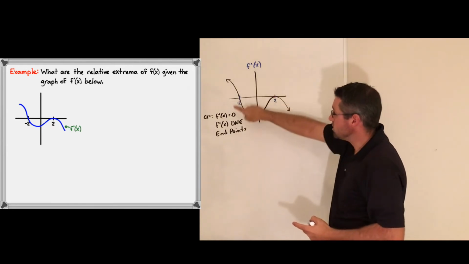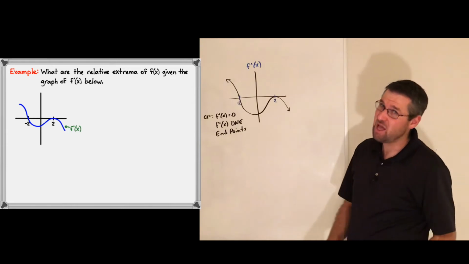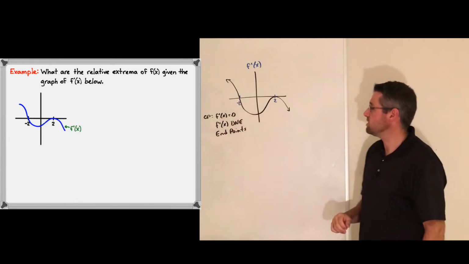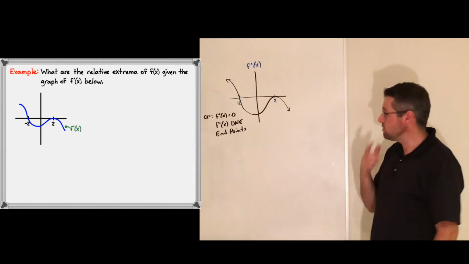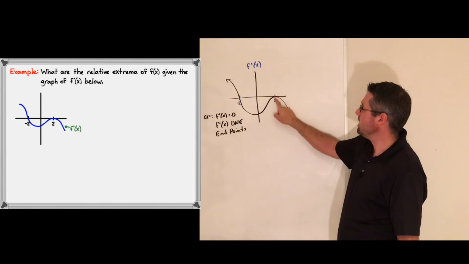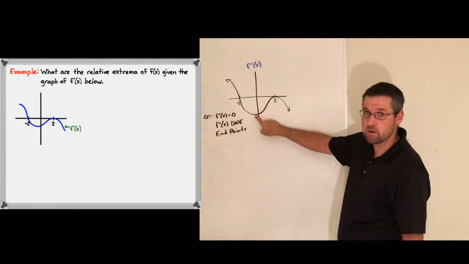So we ask ourselves, when does f prime equal 0? We get a lot of misconceptions with this idea. Many students say that f prime equals 0 here and here. And that's not true. F prime does not equal 0 there.